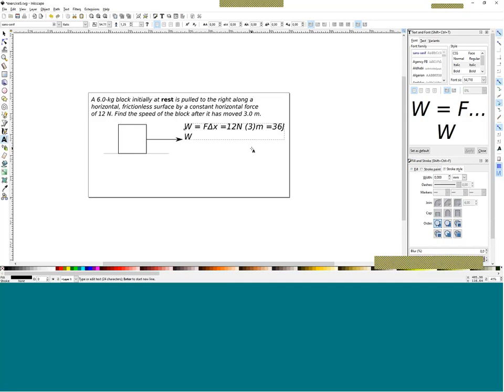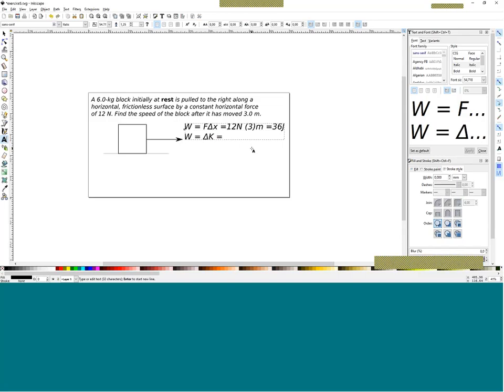Then we use the work-kinetic energy theorem. Work is equal to the difference in kinetic energy.